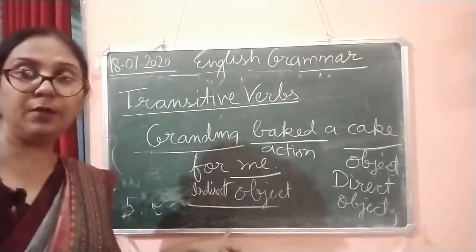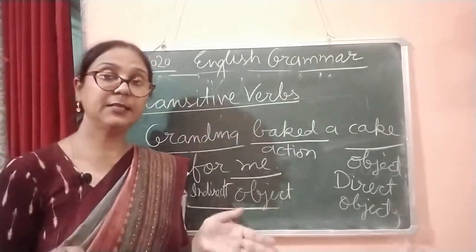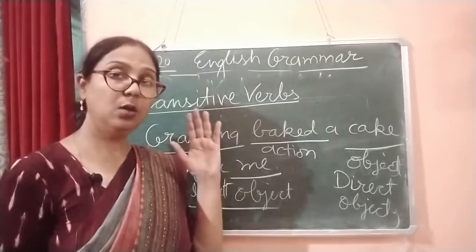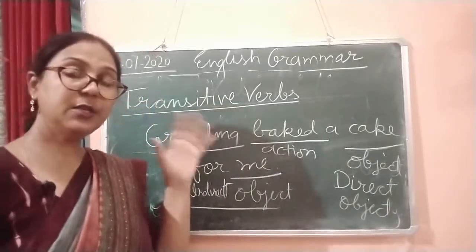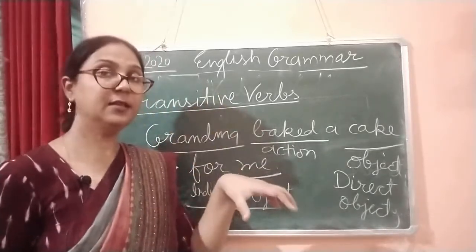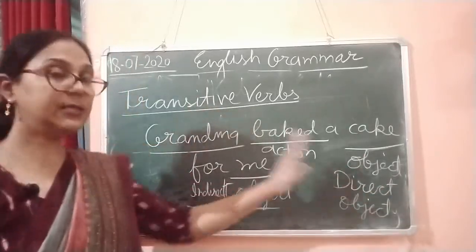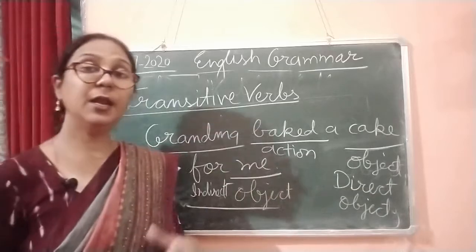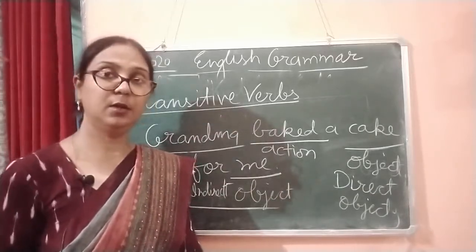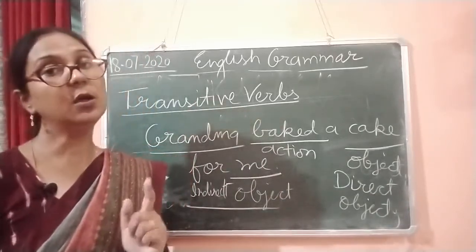This we have to always remember. If a sentence has two objects, the one on which the sentence is emphasized becomes the direct object and the second object becomes the indirect object. So this concept we have to learn.